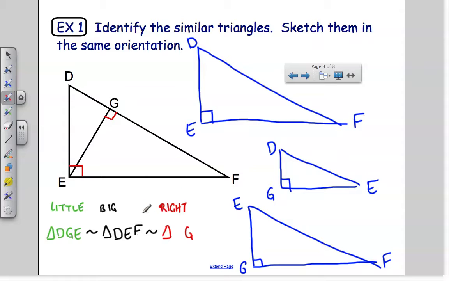For the big triangle, what angle did it have in common with this triangle on the right? Well, doesn't it have angle F? Because that's part of the big triangle and this one on the right. So F goes in the same spot. And the other vertex I'm missing for the triangle on the right is E. So I identified the similar triangles and sketched them in the same orientation, visualizing what they would look like if I flipped and rotated them to look the same.